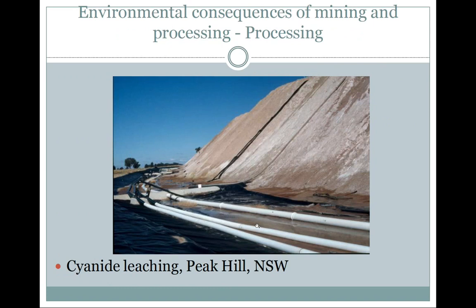So here's another influence of processing, cyanide leaching at Peak Hill. So cyanide is commonly used to help liberate gold. So we might use broad-scale processing of ore dumps and put it through a leaching process to liberate that gold.